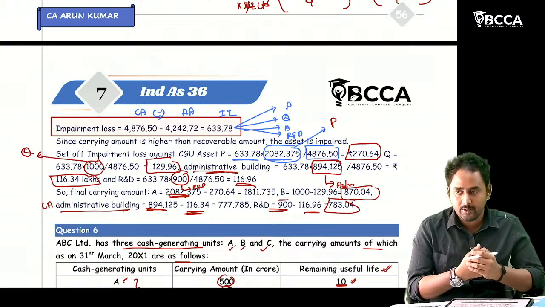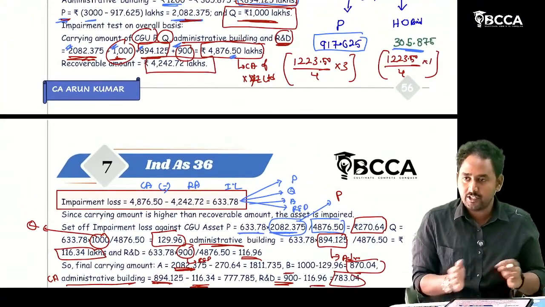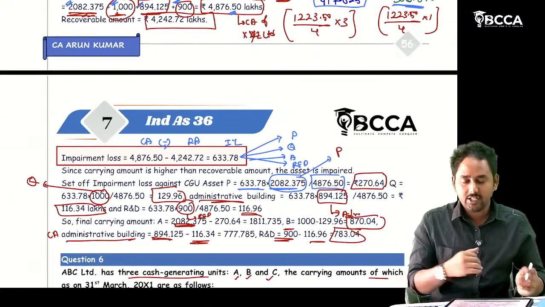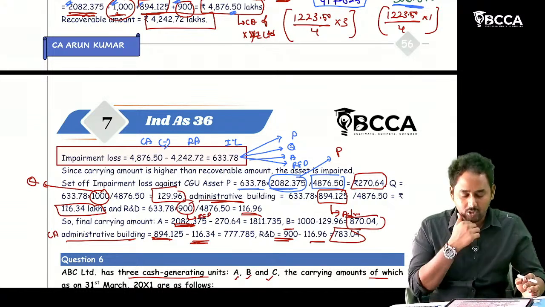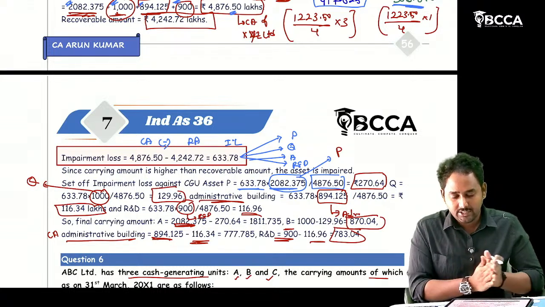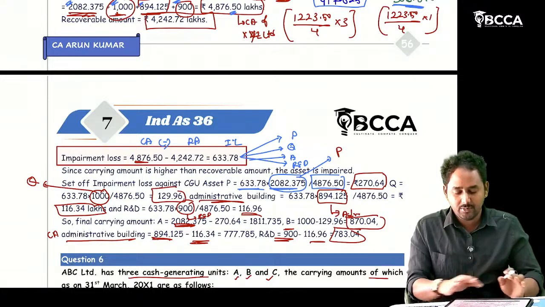In the previous problem, there is no impairment loss if you are looking at the whole organization. That's why there is no further allocation and not much complication. But here there is an impairment loss if you're looking at the whole organization, and that entire impairment loss should be allocated to all the assets included in the carrying amount for the calculation of the impairment loss.